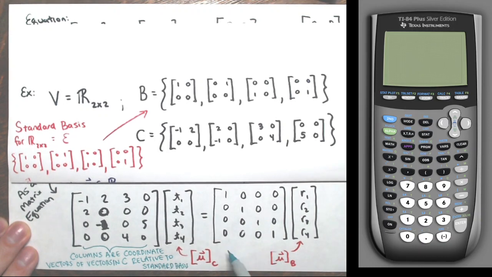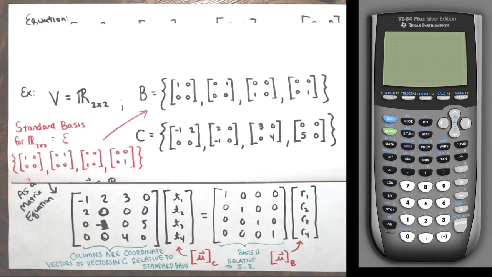And I'll write this again. Same thing over here, but with basis B. Basis B relative to the standard basis. I'll say relative to S first. S, standard basis, okay? So the columns of these matrices, it's not like in Euclidean space where the columns were the vectors, but the columns are very closely related to the vectors. They're the coordinates of the vectors from the bases relative to the standard basis.